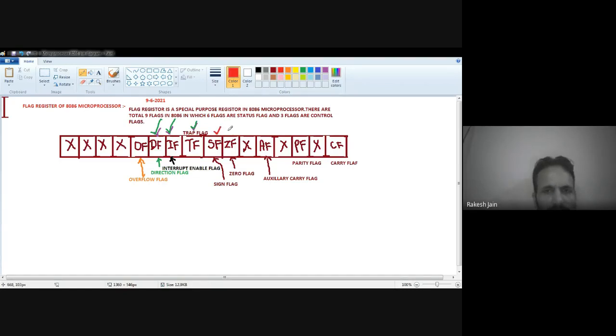This sign flag, this zero flag, this auxiliary carry flag, this parity flag, this carry flag, and this overflow flag. These 6 flags are your status flags.